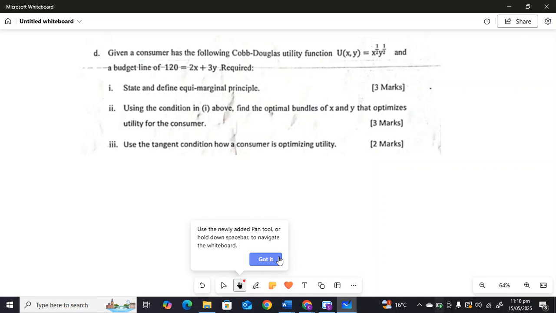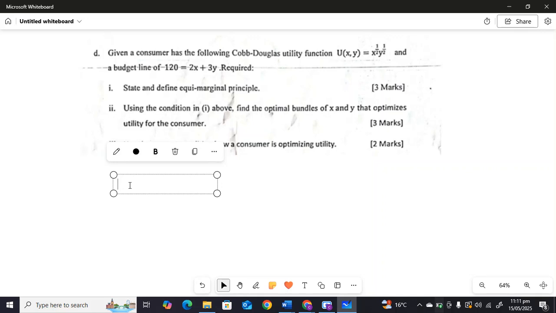So the equi-marginal principle is telling us when the additional satisfaction per one quadrant of one good is equal to the additional satisfaction per one quadrant of another good, then the consumer maximizes the utility. So let me write it down.